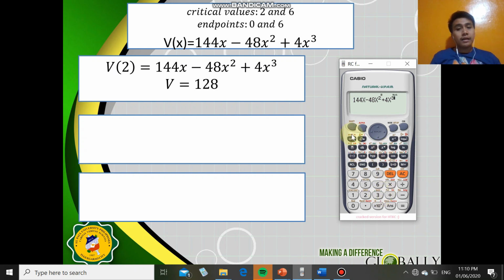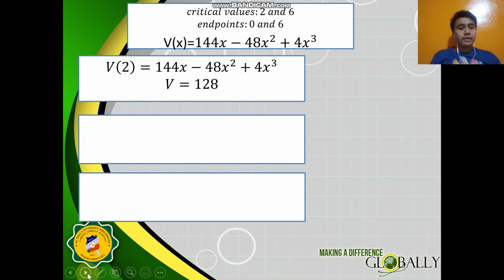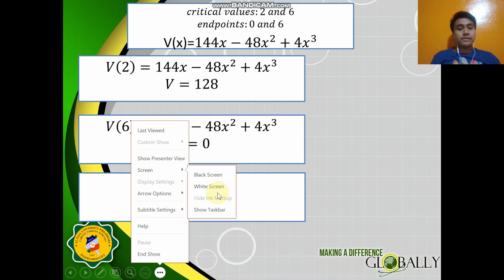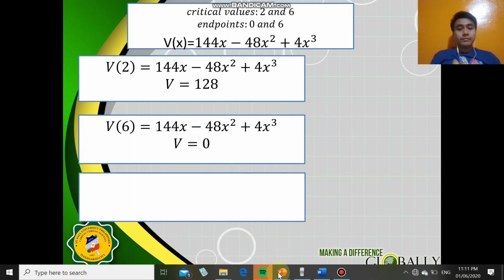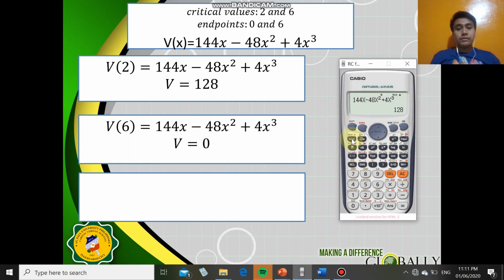Then click calc, then enter 2 to give us the value of V, and there we go. The value of V is 128. What about when x is 6? This will give us 0. Let's check on our calculator again: click calc, click 6, and yes, this will give us 0.